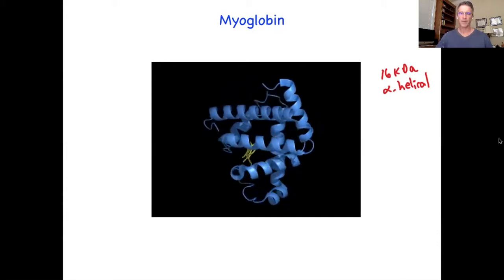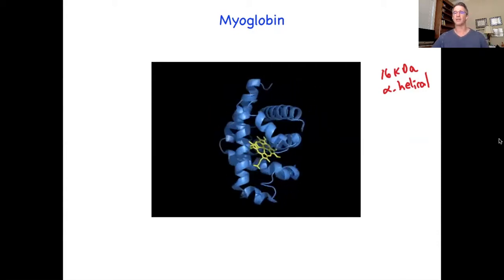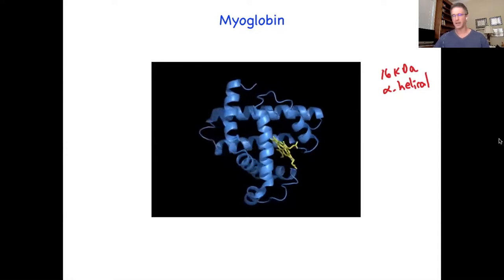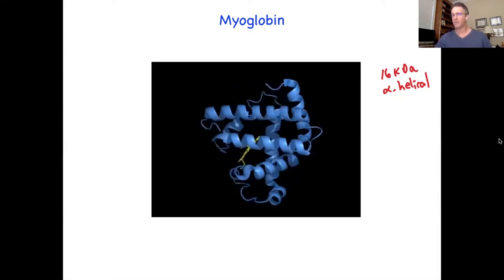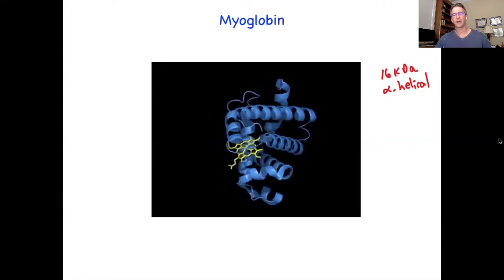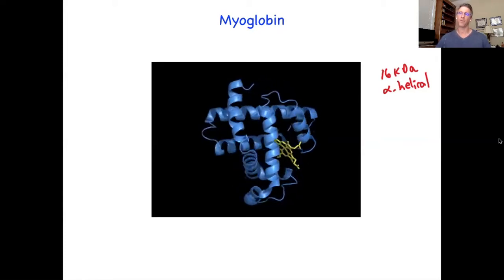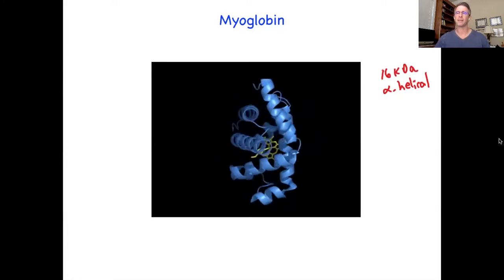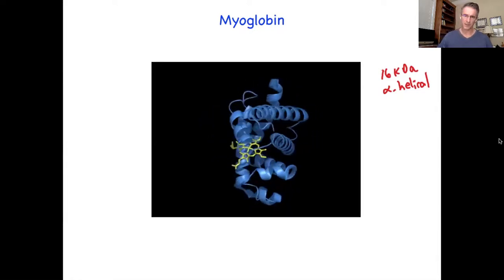And myoglobin is just outstanding at binding oxygen. This protein is very tight binding of oxygen. It's really, really good at it. But it turns out that property, the fact that it binds oxygen really tightly, and the way in which this molecule is made, makes it a terrible transport protein. To understand why, consider this.